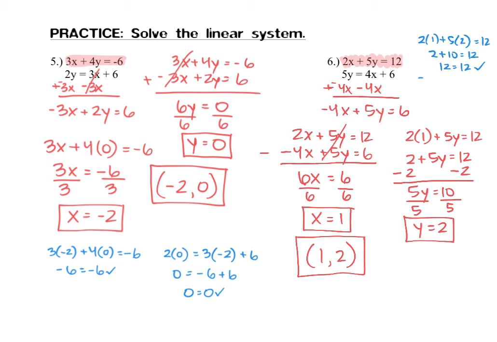The second one, I have 5y, so that's 5 times 2 equals 4 times 1 plus 6, so that's 10 equals 4 plus 6. And again, I get 10 equals 10. So you don't have to do that check step, but it's a good way to give yourself the confirmation that you've gotten the correct answer.